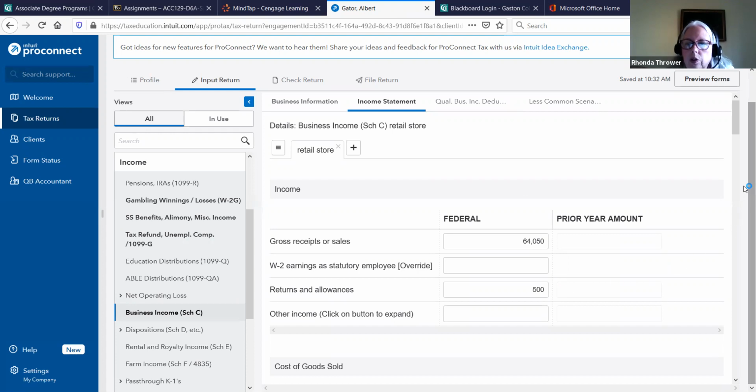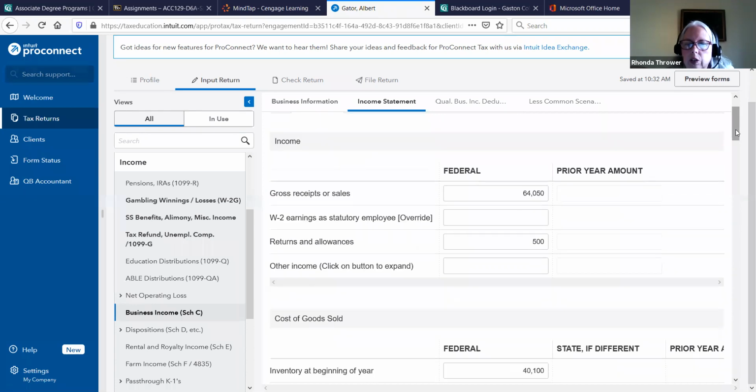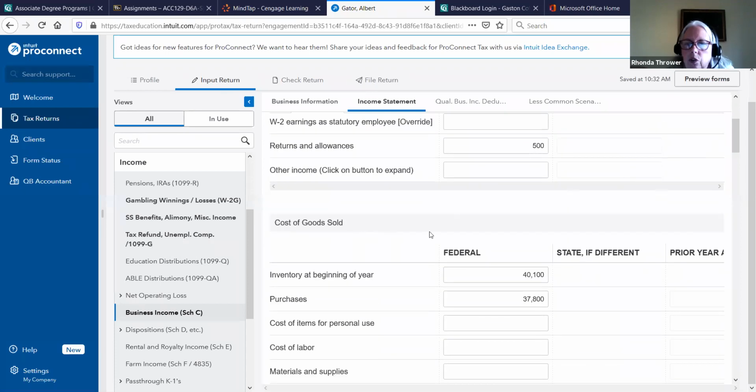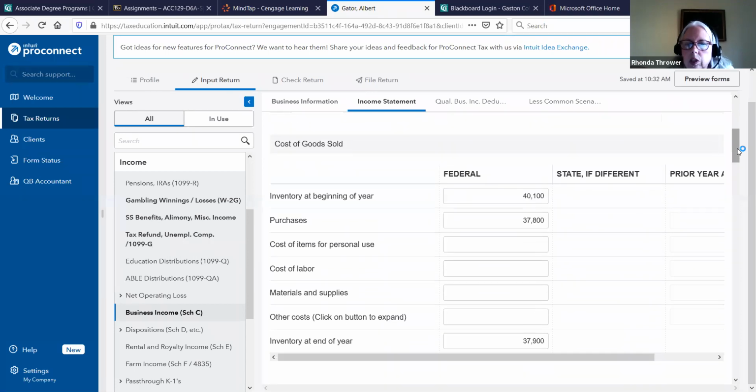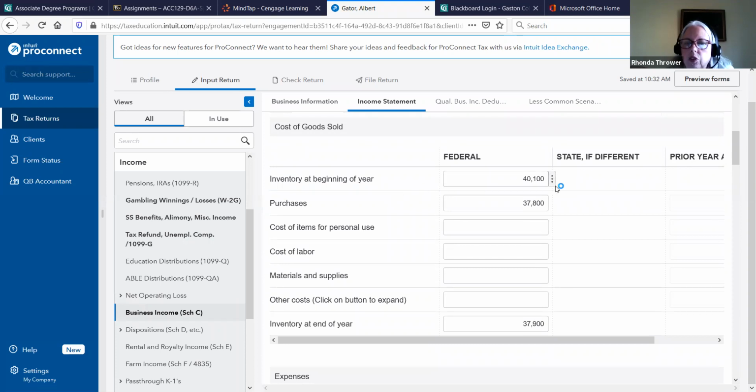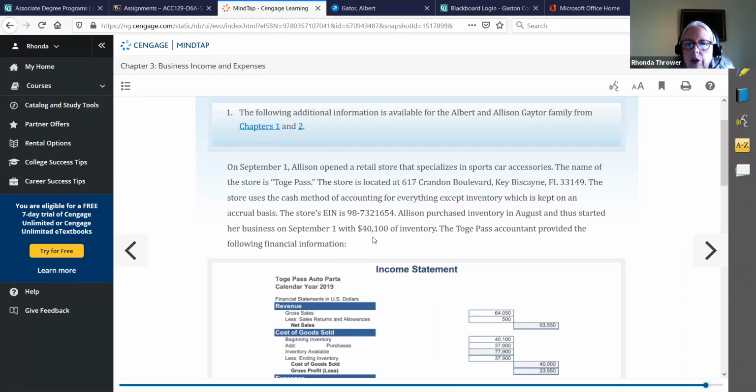The next part of ProConnect that you're going to enter in is your cost of goods sold information. We're going to start with the inventory at the beginning of the year, and this was given to you in the problem right here, and it also shows it under cost of goods sold right here.